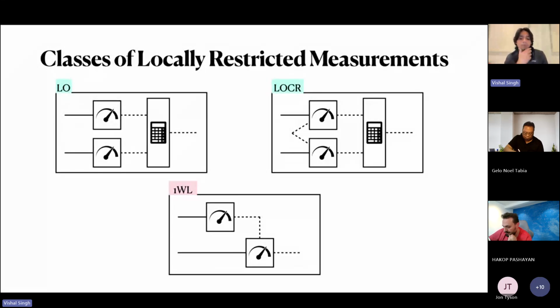And then finally, what we'll mostly be concerned about in this talk is one-way LOCC measurements, or 1WL. In this, what we model is that Alice does a measurement, gets a classical outcome, and tells this classical outcome to Bob. Based on this classical outcome, Bob applies a measurement.